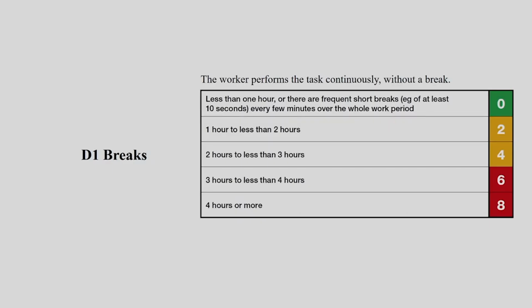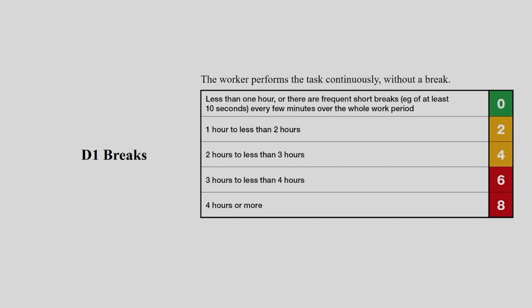We need to consider some additional factors in this particular tool. We will denote all these other factors as D, and the first factor, the break, we will take as D1.